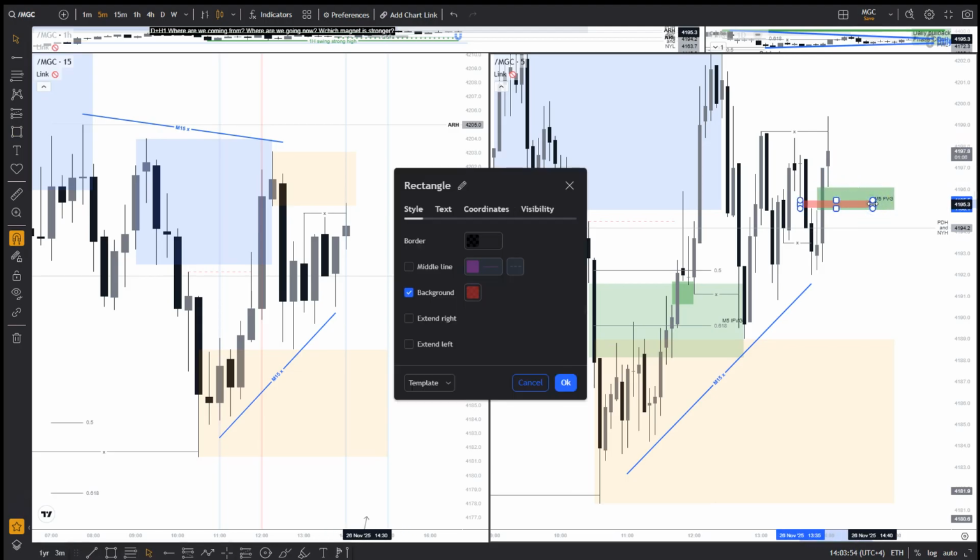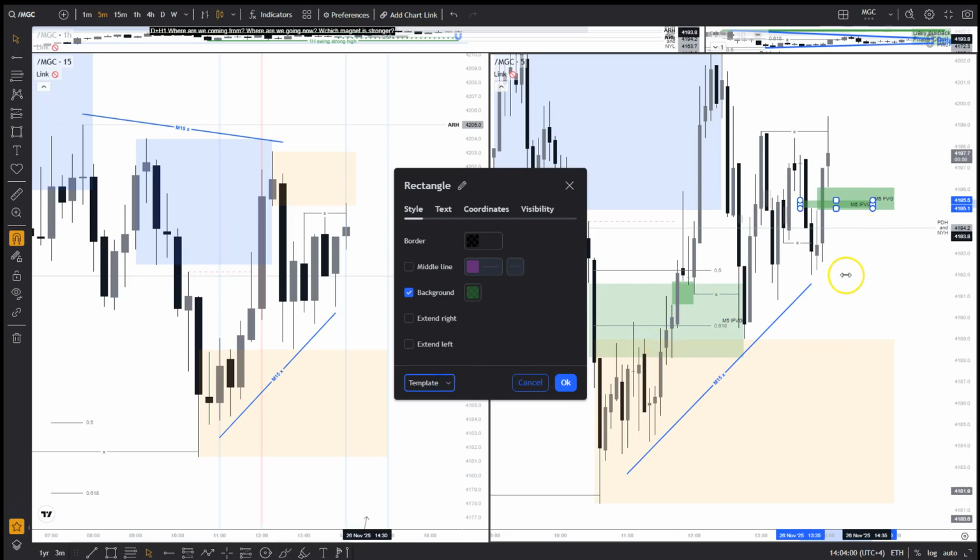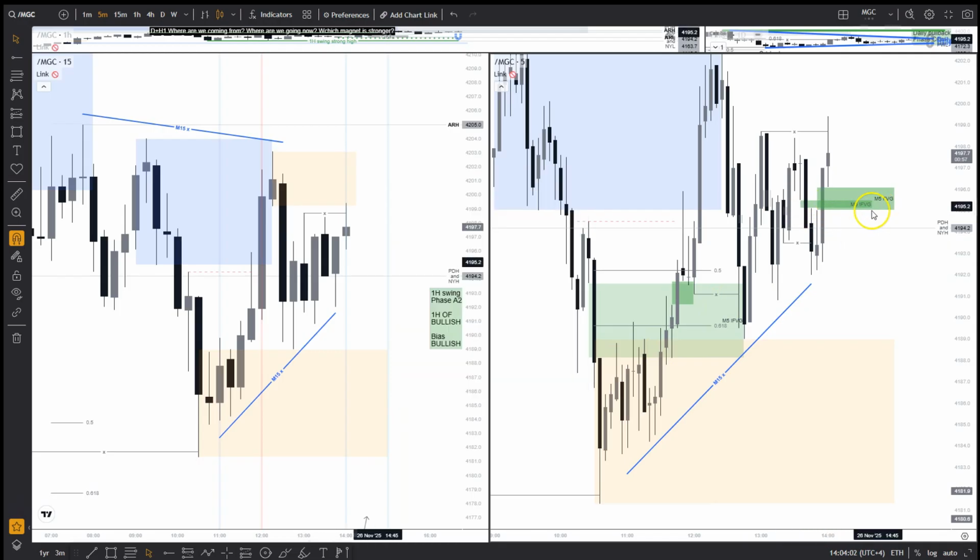This is the M5 fair value gap, and this will be the inverted M5 fair value gap, because it used to be bearish, now it's bullish. Okay, so we have two levels that we might be interested to buy from. So now we are going to wait for the mitigation, and we are going to buy on the breakout of the mitigation candle.